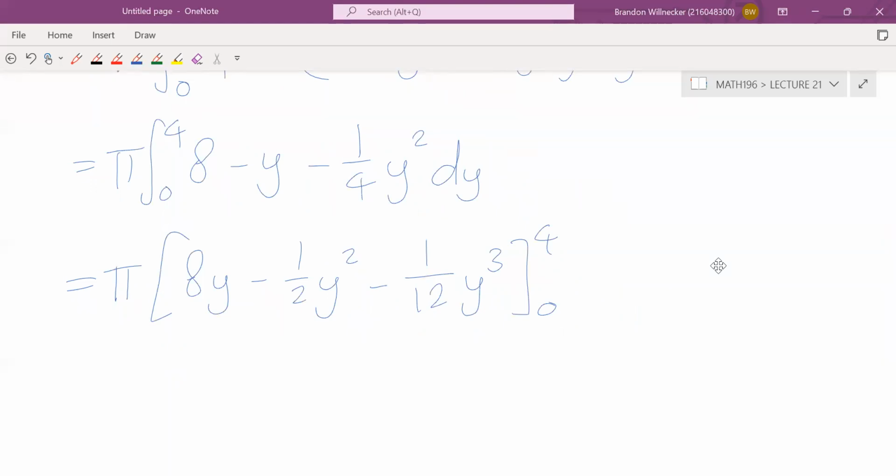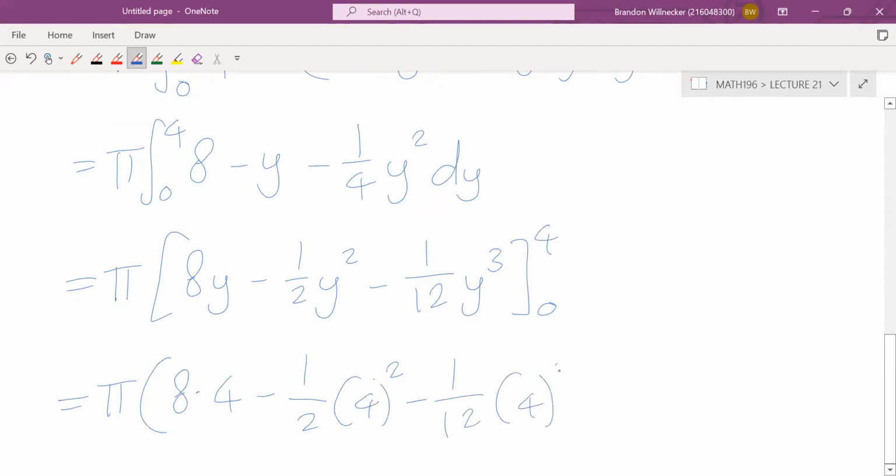Okay, so let's just substitute now. So we're going to have pi (8 times 4 minus 1/2 4 squared. Sorry, I said 1/2, but then I wrote a quarter.) So 1/2 4 squared minus 1/12 4 cubed.